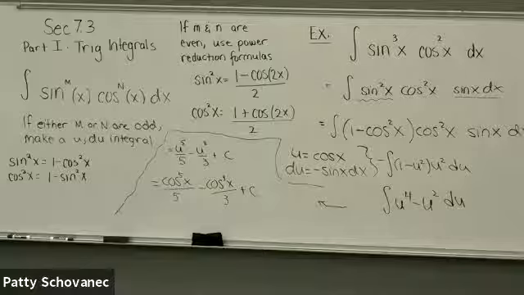Except for when the powers on the sines and cosines are even. So let me change the 3 to a 4. We'll integrate sine to the fourth times cosine squared.